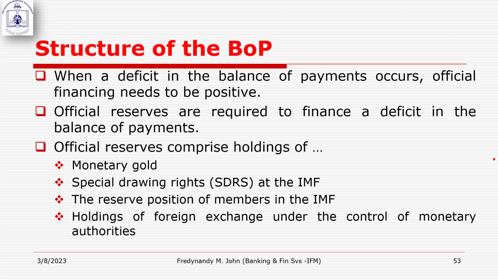And so, that is what we call the reserve position of members in the IMF. Now, this one can as well be converted into the special drawing right and later on be used by the country to finance its deficit if the need arises.